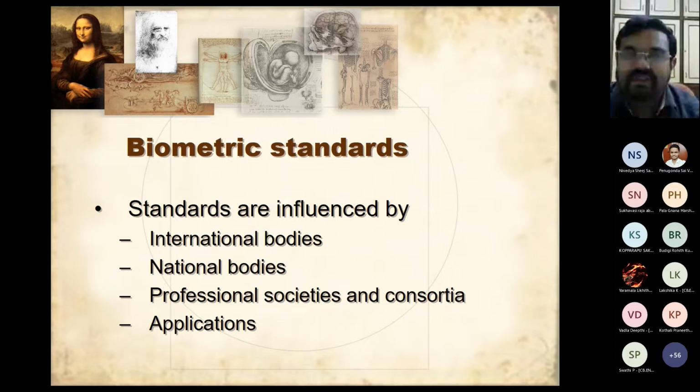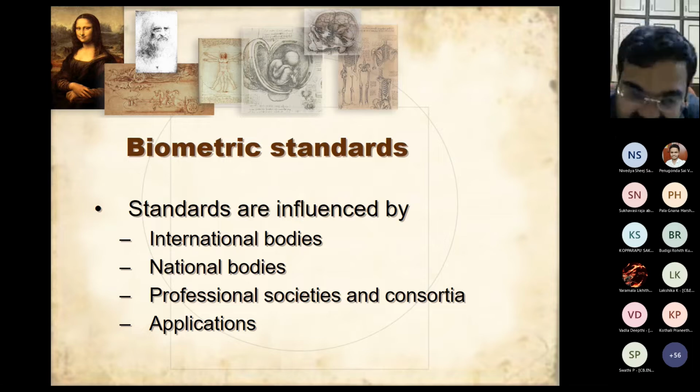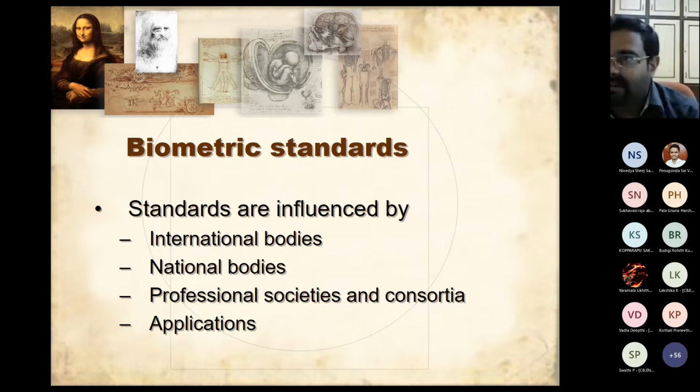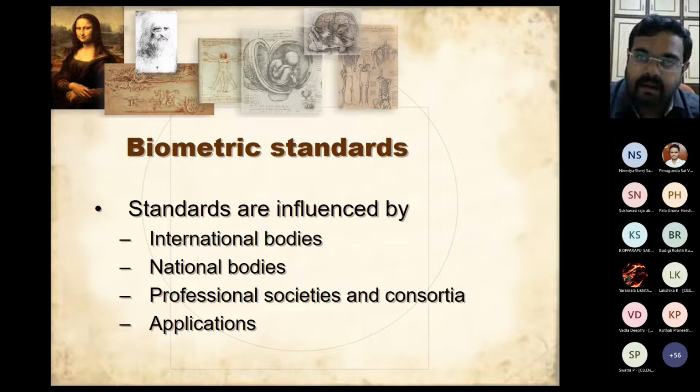The same issue is there with biometric standards. Standards are a dime a dozen. Standards are influenced by international bodies, national bodies, professional societies, applications, companies. IEEE will promote a standard, ACM may or may not agree. Sometimes they agree, sometimes they don't. It all depends upon the vested interests.